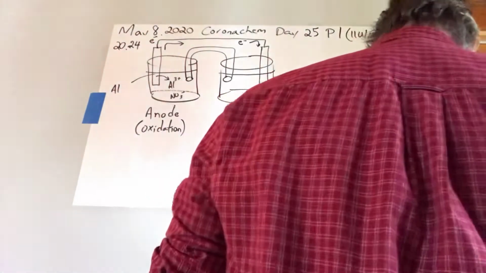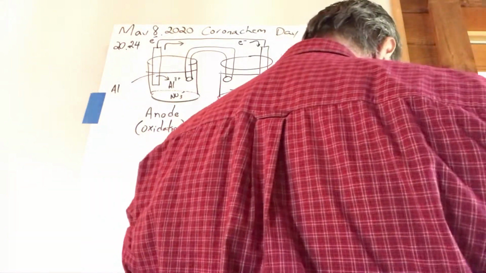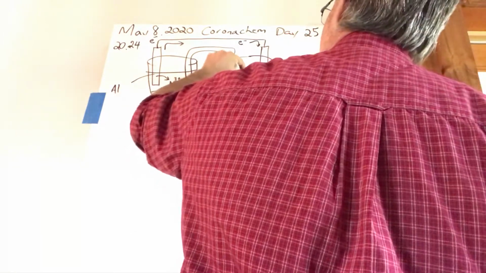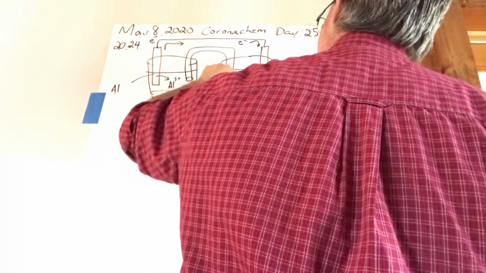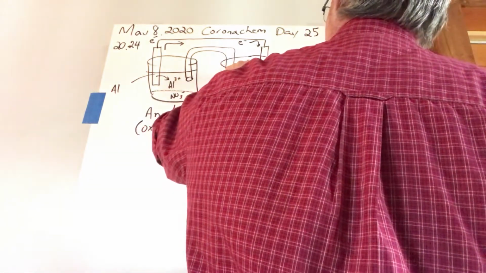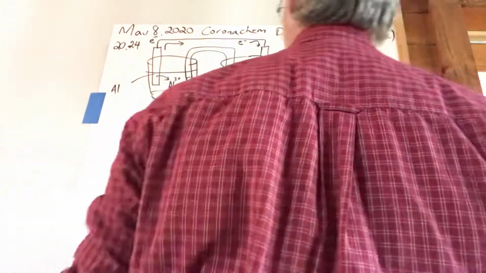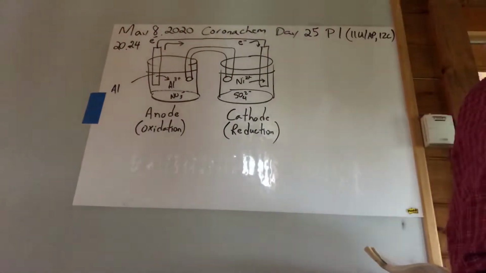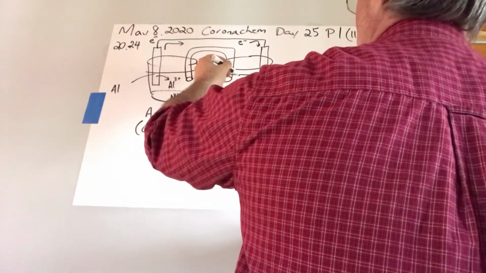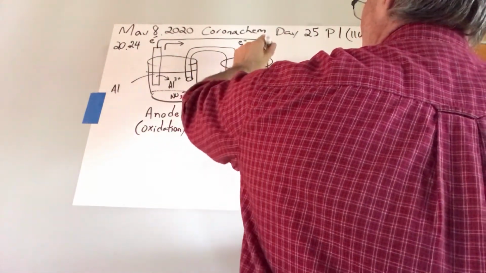On the cathode side, which is where the reduction is taking place, nickel ions are floating in solution, and there's also sulfate anions. So the nickel cations are drawn to the presence of electrons because there's a negative charge buildup in that plate, and so the nickel cations go there and they deposit onto that surface.